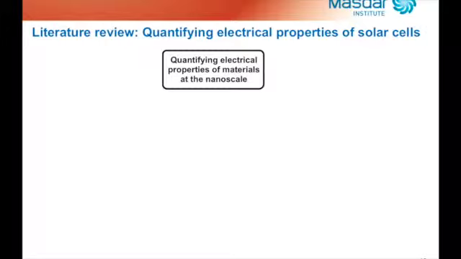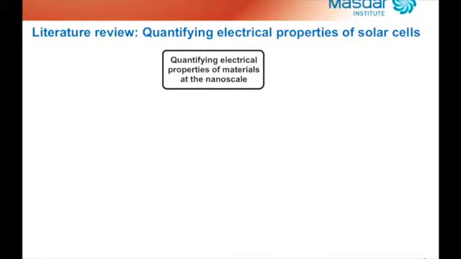So let's move now to the second part of the research. We know that in order to characterize solar cells, nowadays it's important to have techniques that are able to quantify electrical properties with a high spatial resolution. Why this?